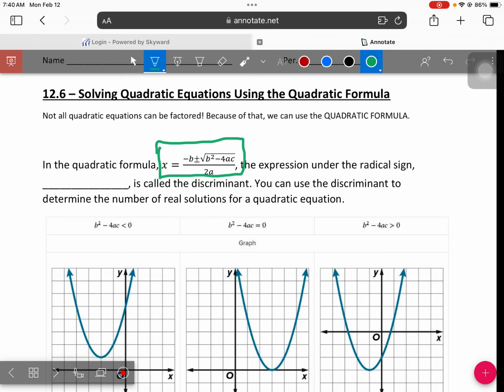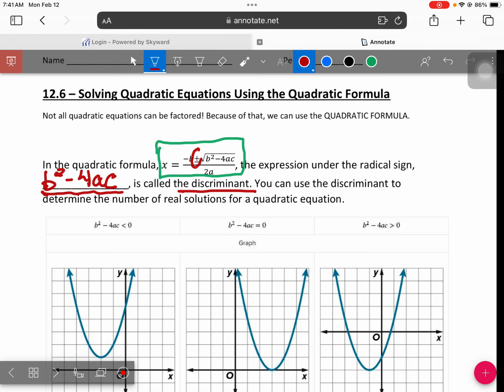The expression under the radical sign, which is specifically b squared minus 4 times a times c, that little part of it is called the discriminant. Okay, the discriminant. Now, you're probably like, well, if x equals that, we're supposed to have two answers, where's the second one?